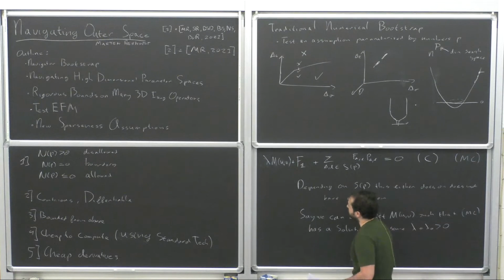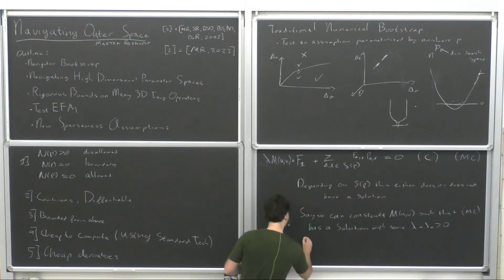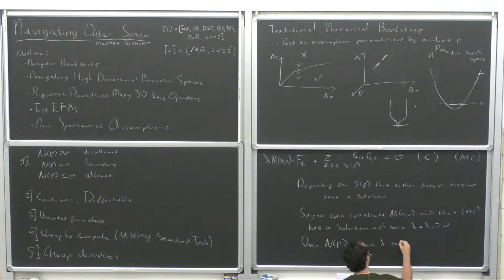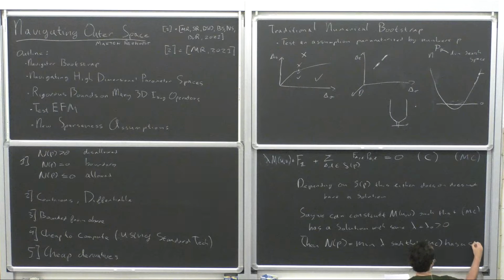If this is the case, then we can define a function to be the minimum value of lambda such that MC has a solution.